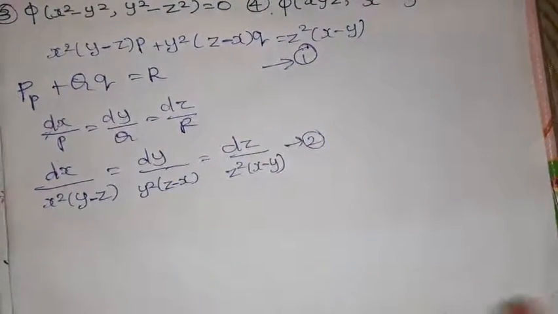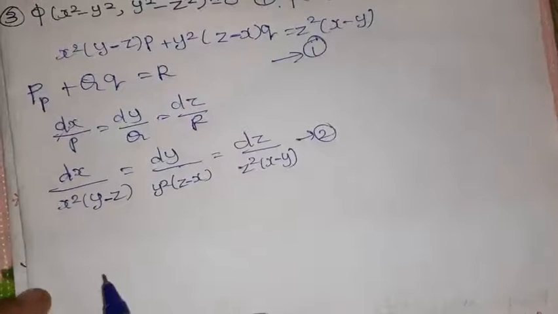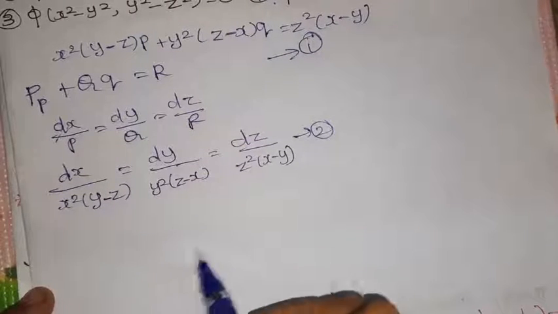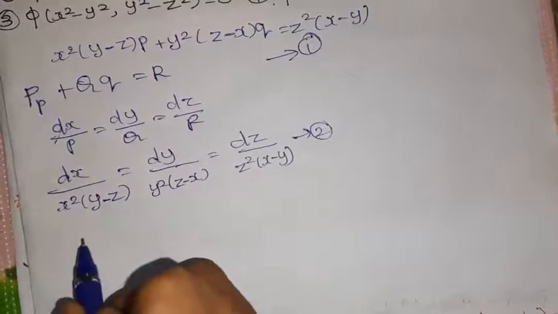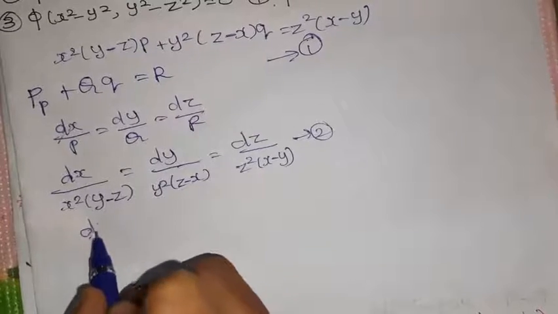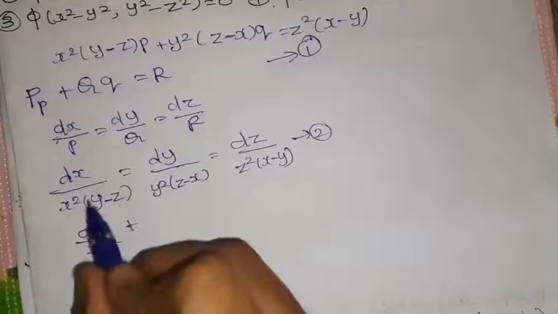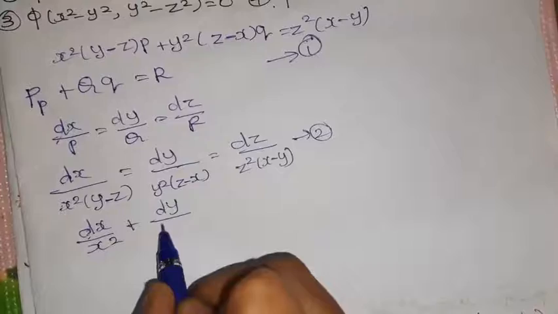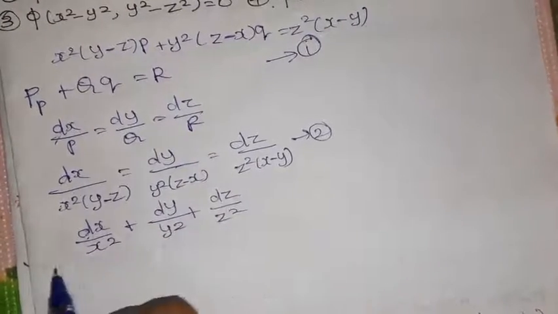So we need to do one substitution. We can do it like this: dx by x squared, taking this term to the numerator and adding these ratios, dy by y squared plus dz by z squared.